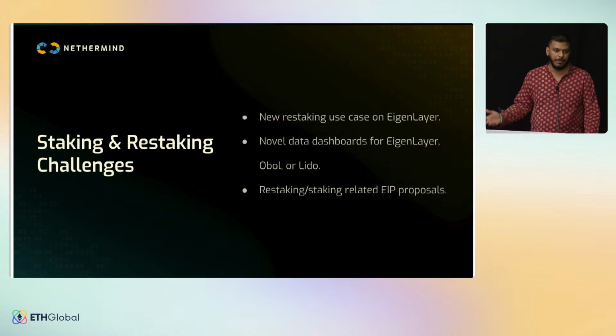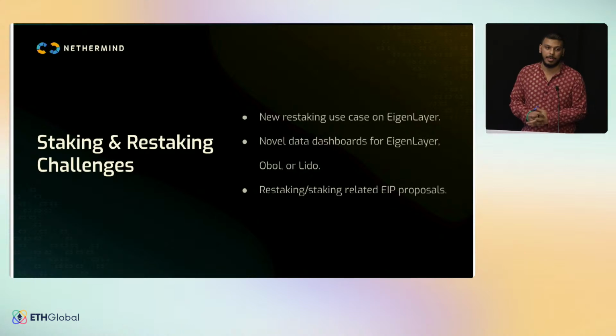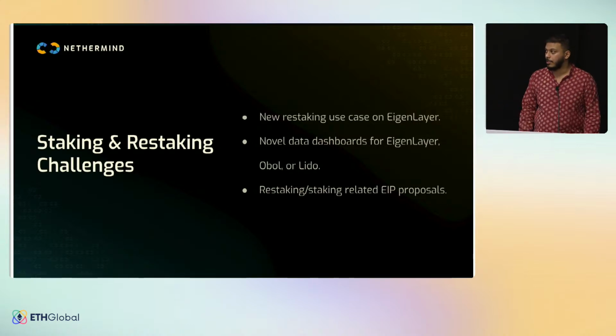It just thinks that you're running perfectly fine, because your slashing is applied when you withdraw from the Beacon Chain. So maybe we can inform the Beacon Chain, hey, you were slashed through Eigenlayer, and the Beacon Chain can react. Maybe it reduces the rewards, you are proposed fewer times, and there are some other changes that can be made to the Beacon Chain design to support restaking and staking use cases. So if you're interested in research areas, please come talk to us. We have a whole suite of research team members who love to accelerate Ethereum in the research space.